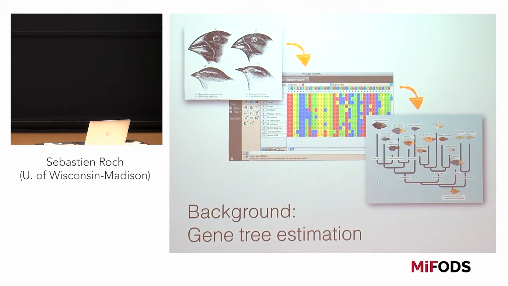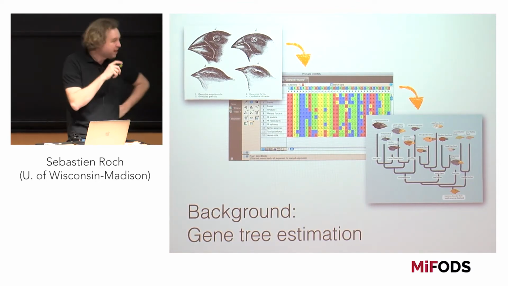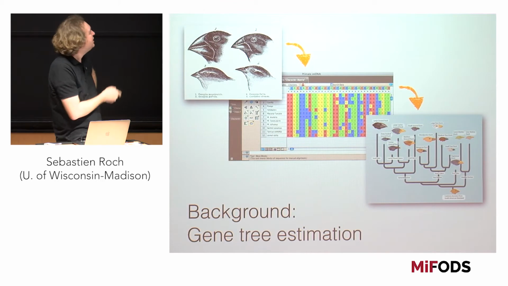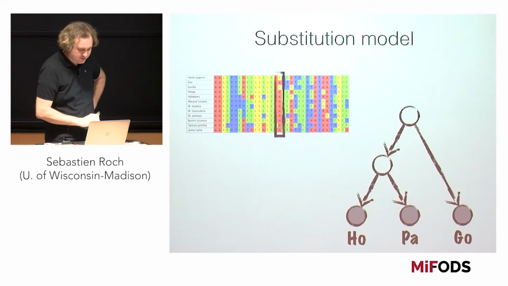There are also some extinctions, which I'm not showing, where a lineage comes to an end. This is the goal. And to turn this into a reasonable statistical problem, you have to model the process of evolution of sequences on the tree. And that's a very well understood problem.